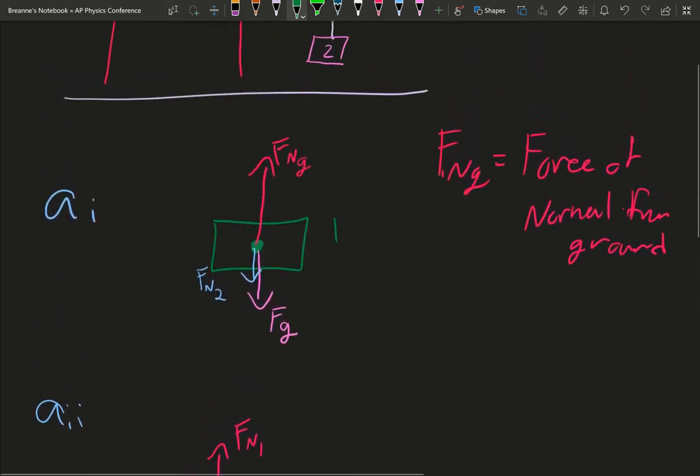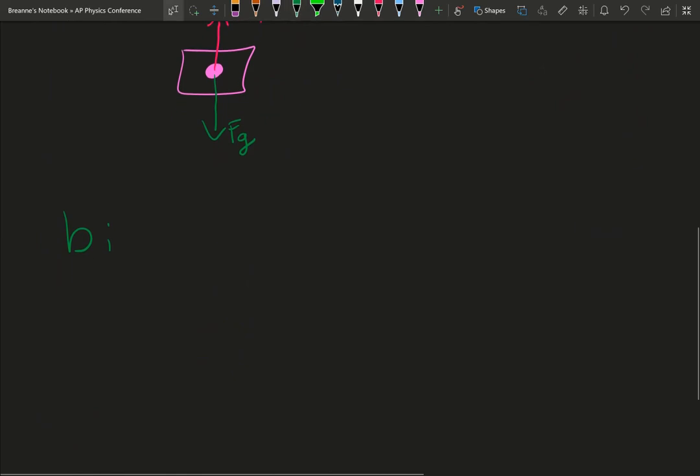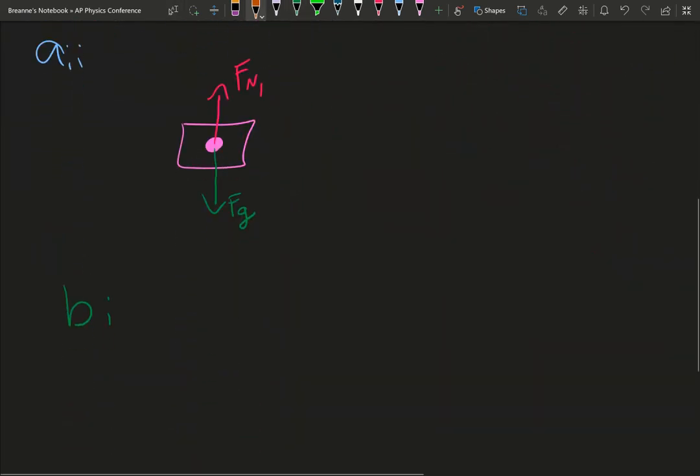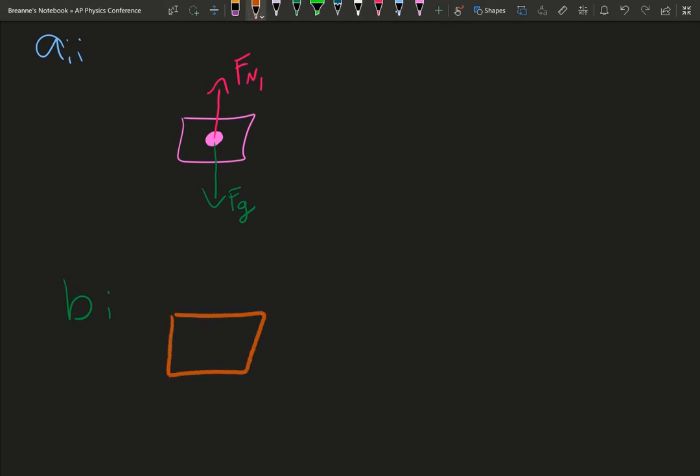And the reason is, again, you can sit here and do a free body diagram. Let's do a free body diagram of block 3, which is orange. So the only force that's affecting it now is that force of tension, because it says there's no friction.